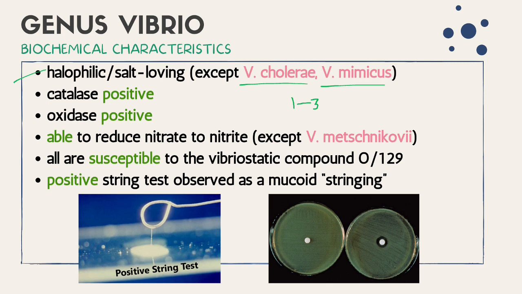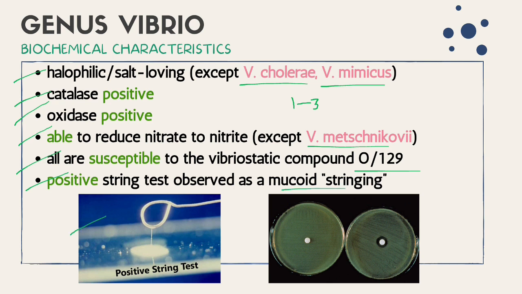Next, some of these species under this genus are catalase positive and oxidase positive. They can also reduce nitrate to nitrite, except for Vibrio metschnikovii. All of them are susceptible to vibriostatic compound O129 and are positive in the string test, which is observed as mucoid stringing.